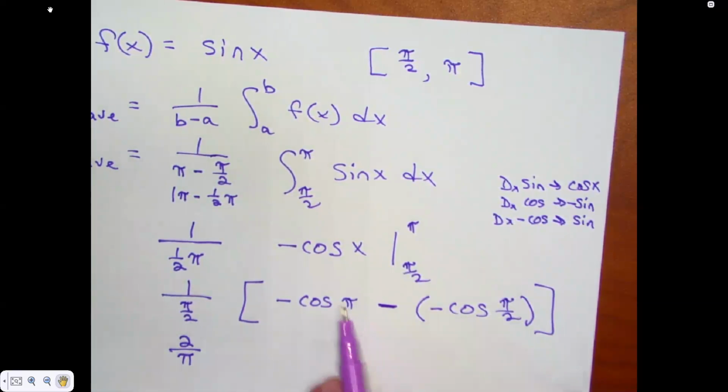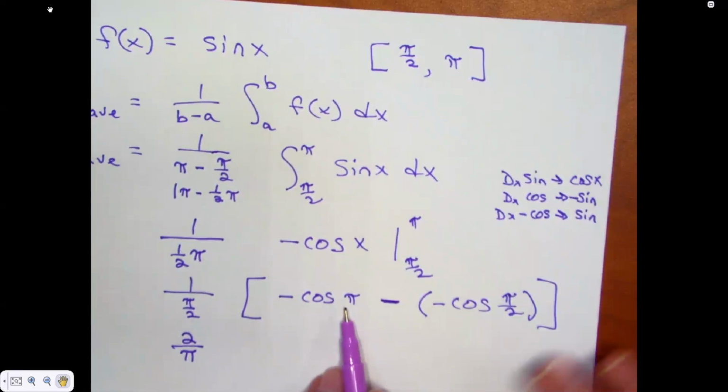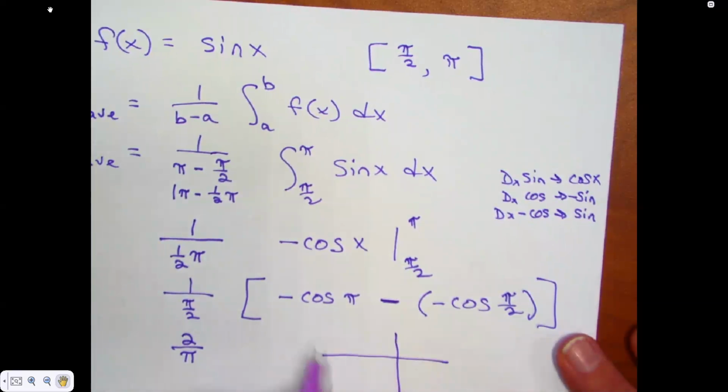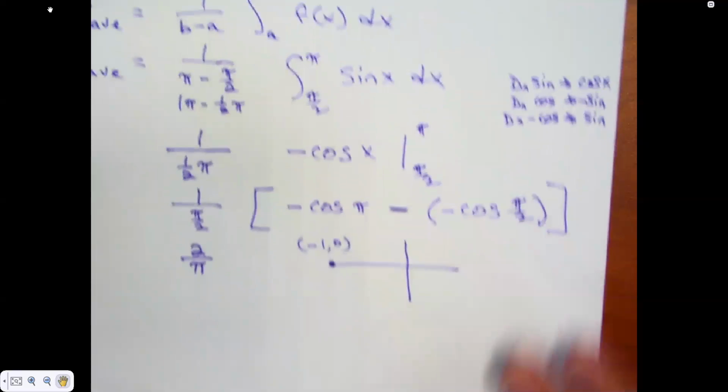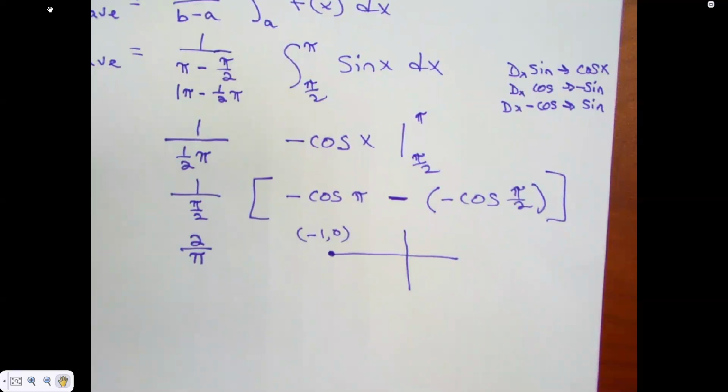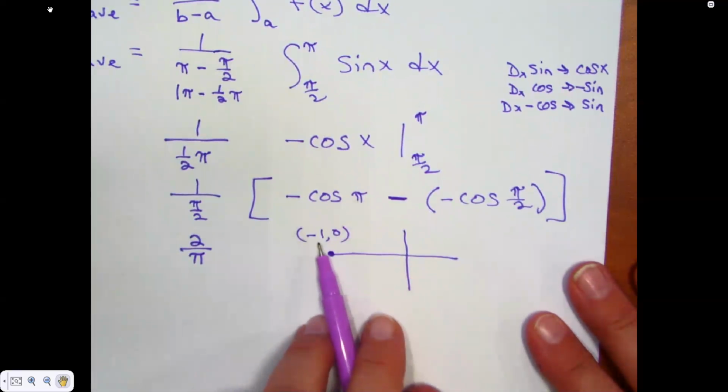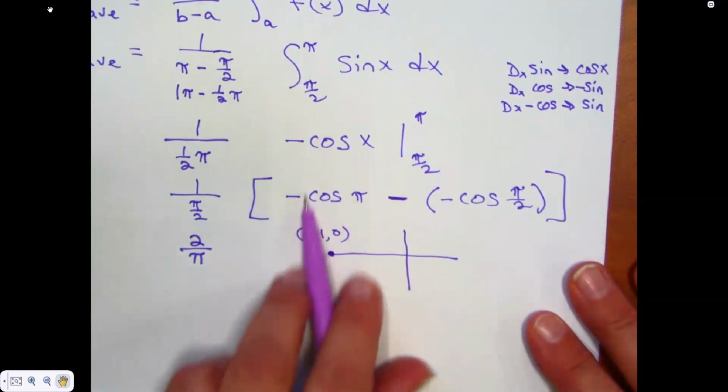Okay, so where is this guy? Let's do it actually right here. Pi is here. It's -1, 0. Cosine is the x value. So the x value is -1, and then we have that extra negative there.